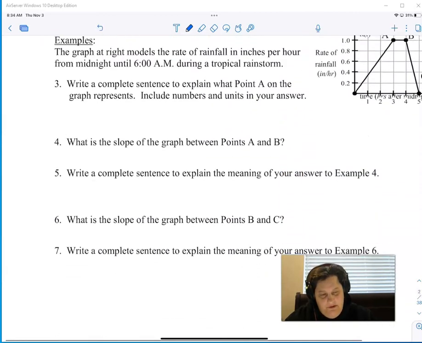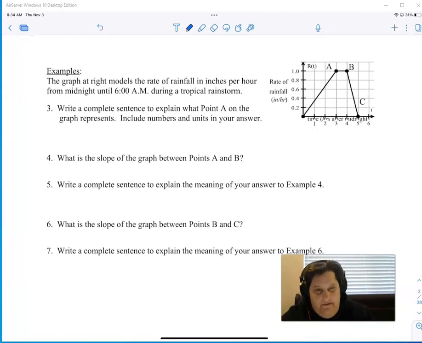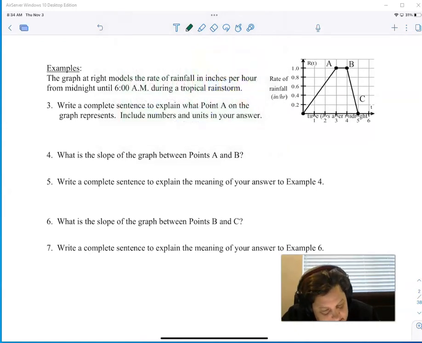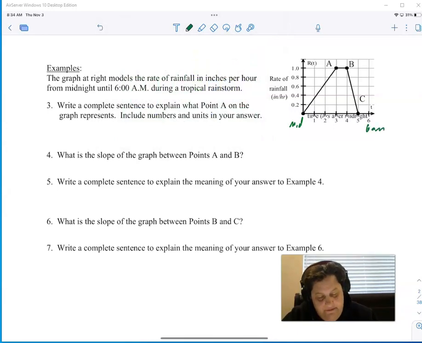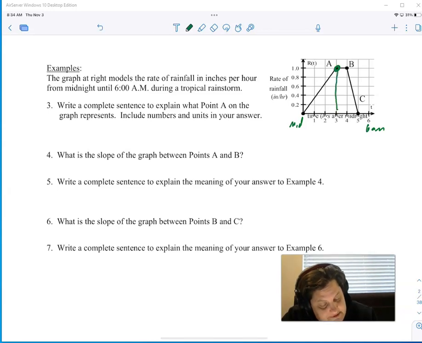Here's one more little part of this section. The graph at the right models the rainfall in inches per hour from midnight. So we're going to say this is midnight until 6 a.m. during a rainstorm. Write a complete sentence to explain what A on the graph represents. The first thing is time after midnight: 3 hours after midnight.